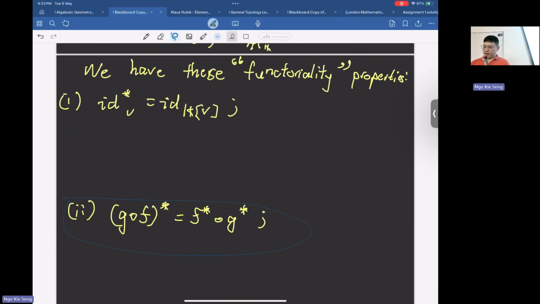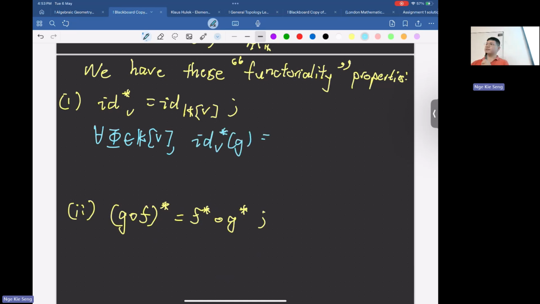As we said just now, how do we check the pullback of the identity? You check it on every element in your KV. What is I_V star of G? How do we define this?